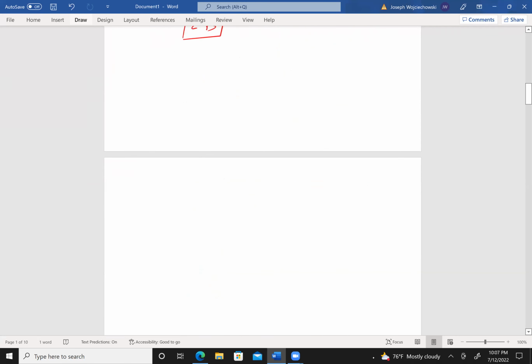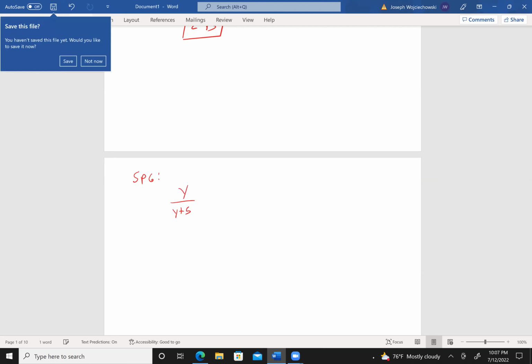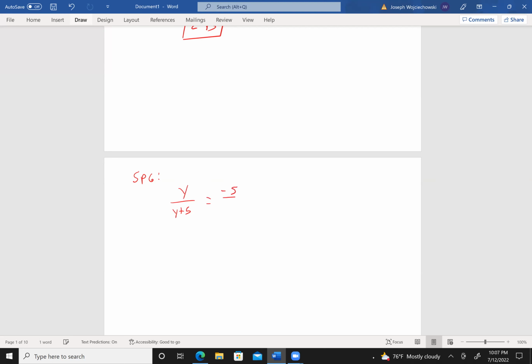Okay. Next up, skill practice 6. And we're looking at another one, solve and check your solution. We have y over y plus 5 equals -5 over y plus 5 plus 5 over 4.